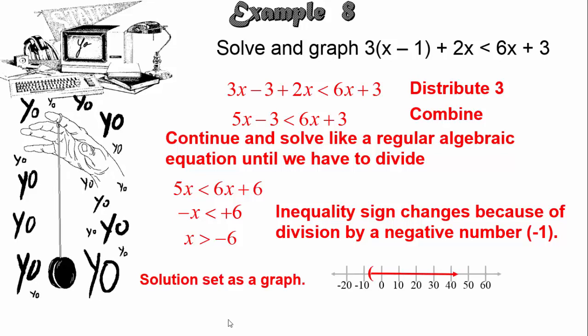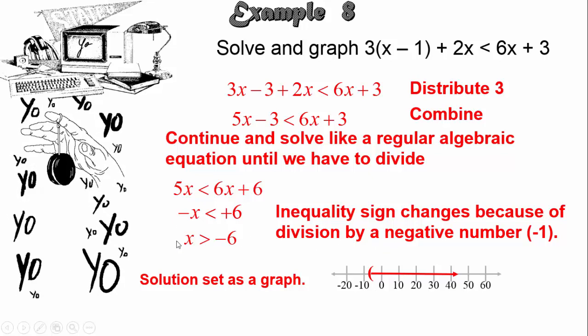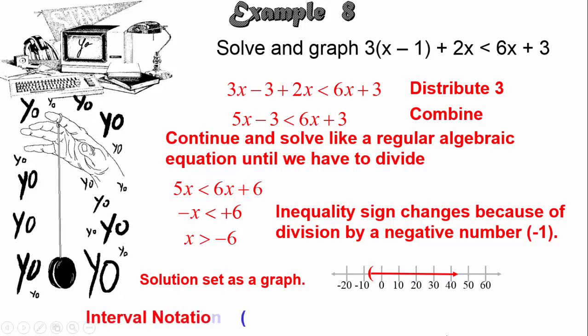The solution set as a graph is, because of the open interval, we don't have the equality, so it's a round bracket. X is on the bigger side of the inequality, so that means it's going to positive infinity. So here we have the round bracket, and the arrow is pointing right to represent positive infinity.